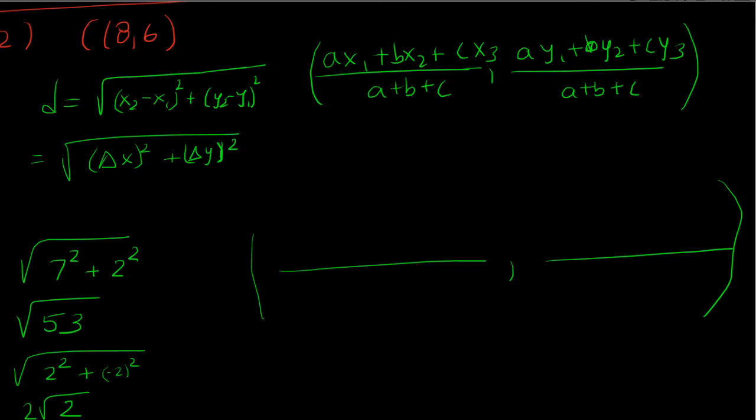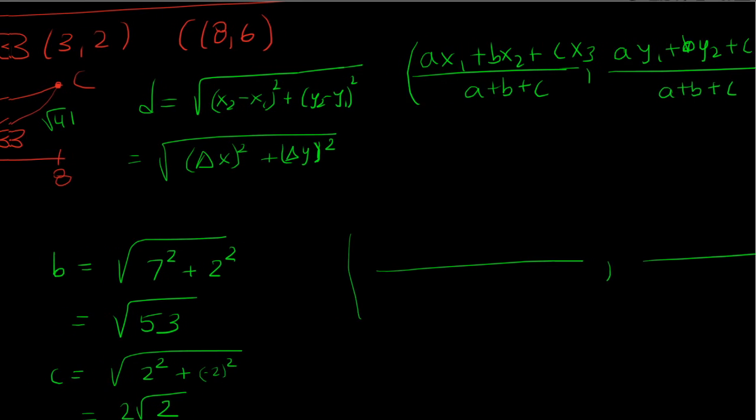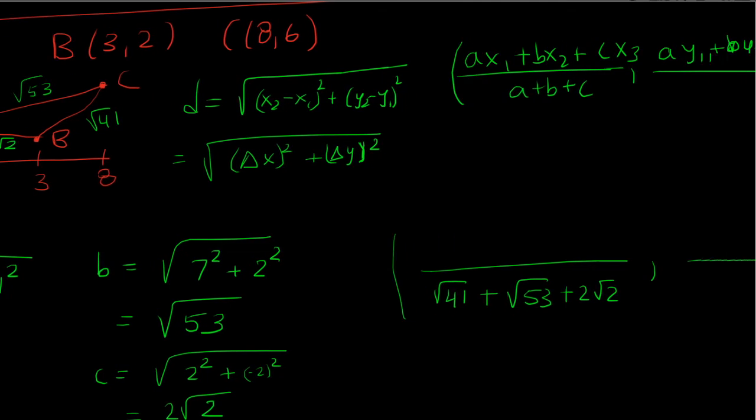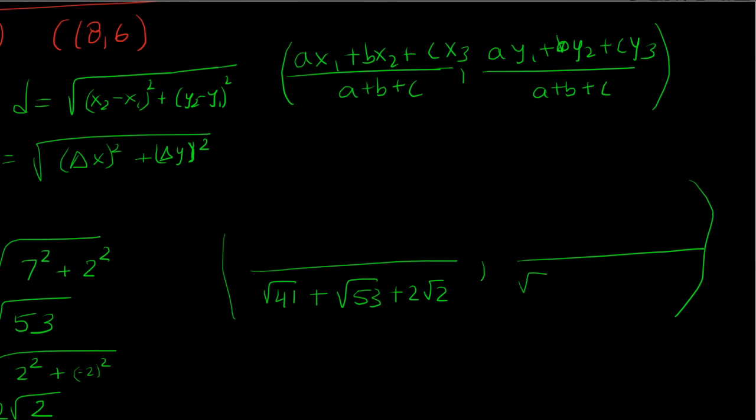So A we said was root 41, B we said is root 53, and C is 2 root 2. So let's write that down for the next one.